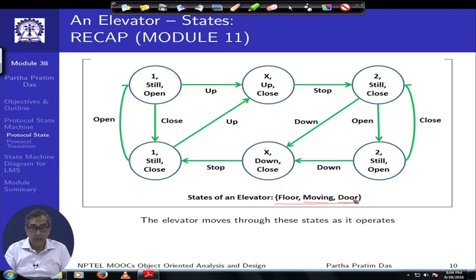So, at this state, what will be the entry and exit? The entry for this is open, right. Somebody has pressed the open button on the elevator, and only then will you enter this. And on exit, what will you have? You will have close.